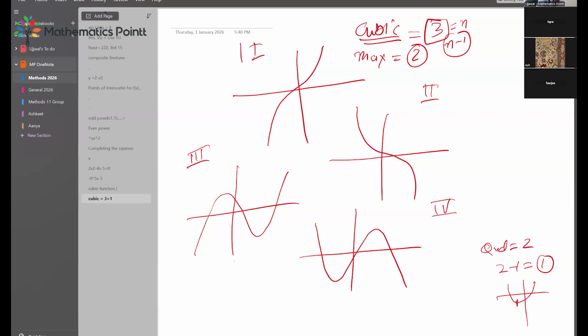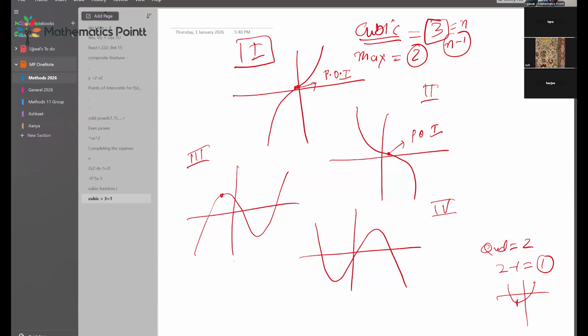So if you look at graph number 1, coming back to cubics, it has just one stationary point here, which is the point of inflection, the POI. Similarly here, point of inflection.